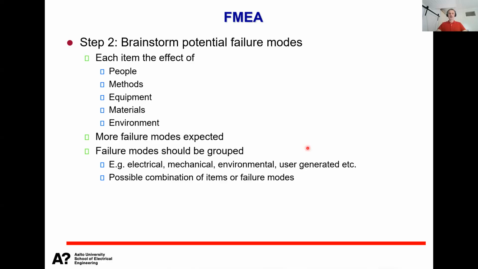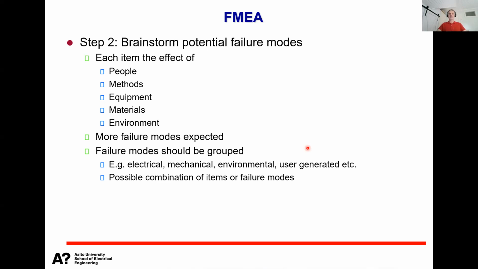Okay, so that was step 2, and now you should have basically all the parts and all the possible failures related to those parts, and also you should know what is causing the failure, so where the failure is originating.